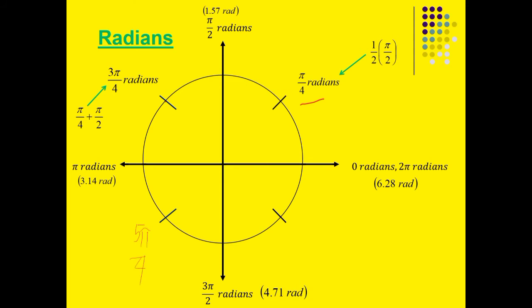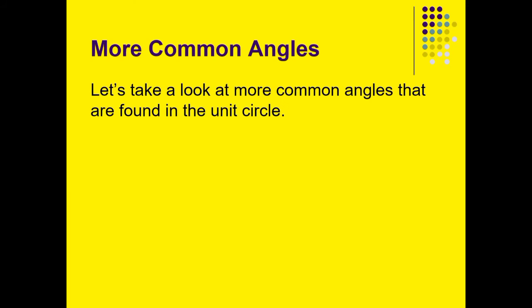Then 3 pi over 2 plus 1/4 is 7 pi over 4. And the other one is 2 pi. So take note of that one and that one. Okay, more common angles that we have.